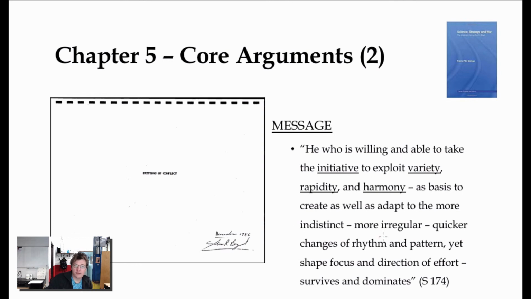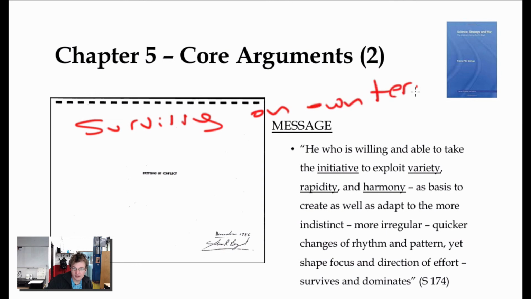Surviving on our own terms. We'll come back to this again and again, because regardless of our operating environment, that capacity to survive on our own terms is what Boyd is driving at. He is driving at that expression of agency within our operating environment.